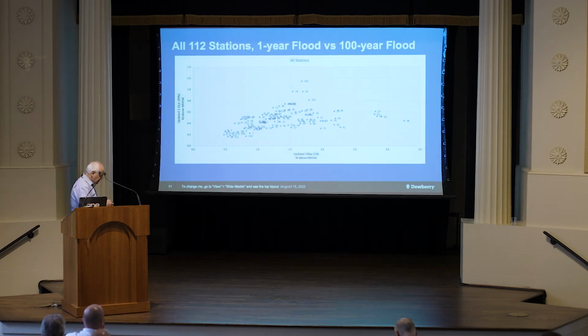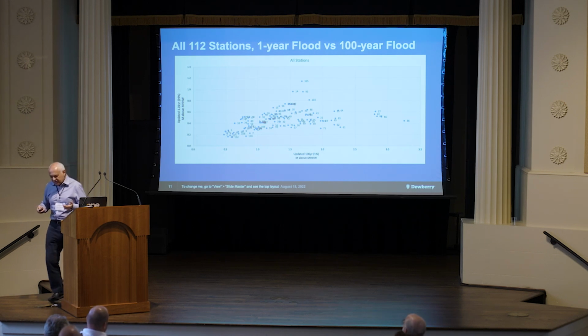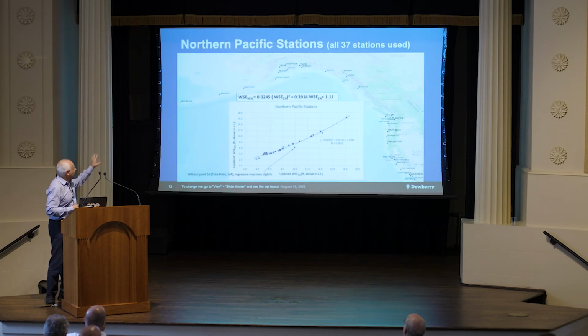So here's the distribution of all of the 112 stations showing the relationship between the updated 100-year and the updated 1-year coastal elevation. You can see that there is generally an increasing trend, but there is a lot of scatter of points. So in order to hope for a good correlation between the two, I had to go into individual regions.